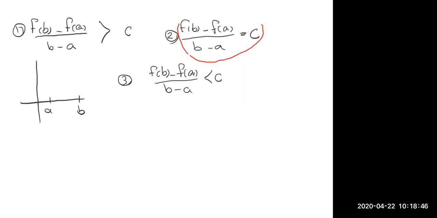Now, if f of b minus f of a over b minus a equals C, it means, well, suppose this is the graph of function f. It means there is a point where the tangent line to the function has the same slope as the line which connects a, f of a and b, f of b.